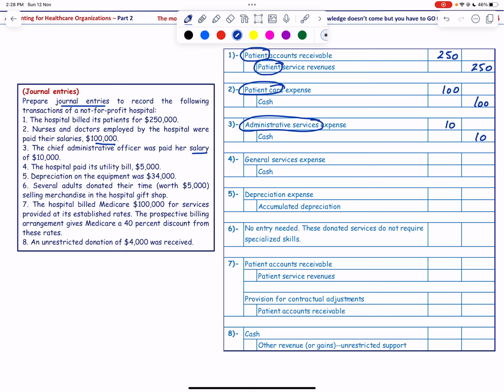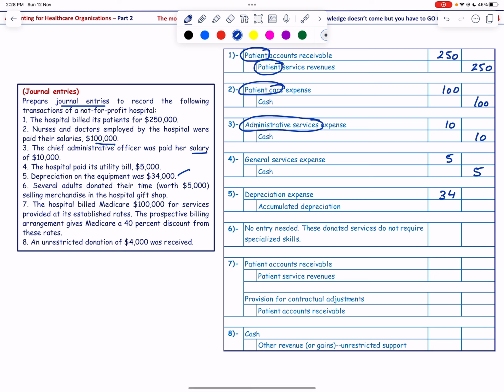Then the hospital paid its utility bill of 5,000. So general service expense is debited by 5,000 and cash is credited by 5,000. Then we have depreciation on the equipment for 34,000.